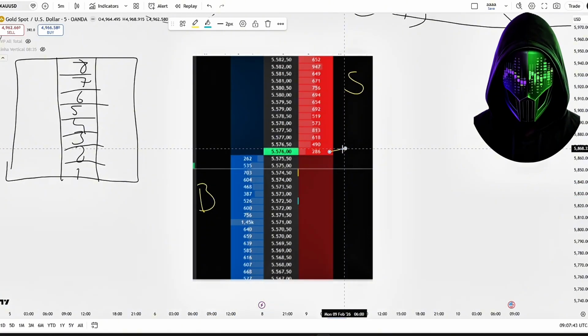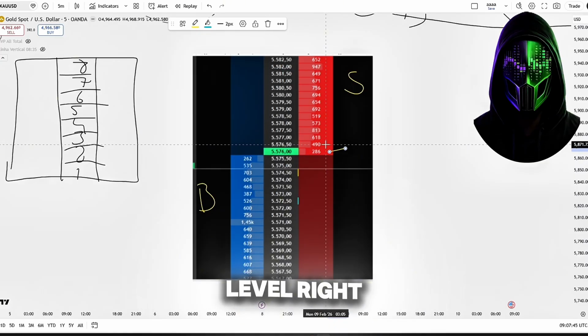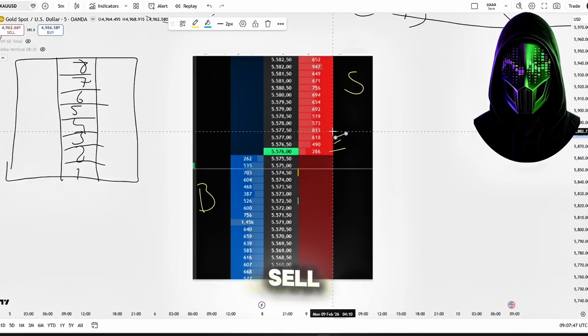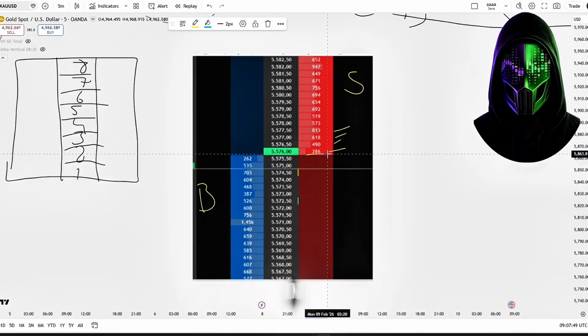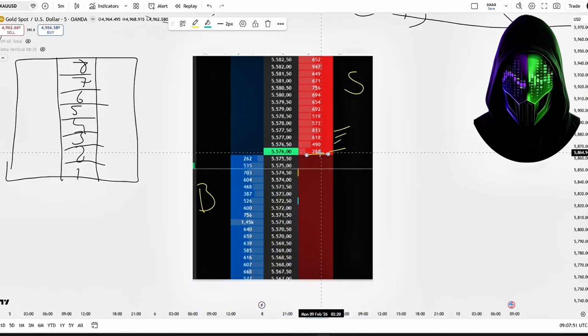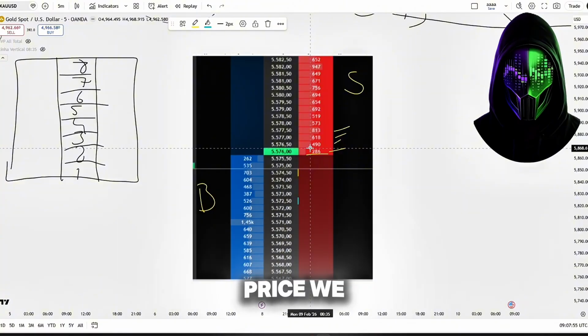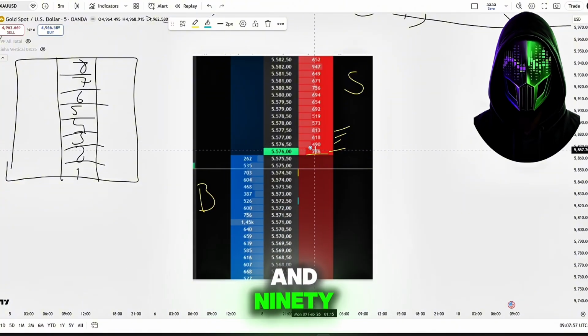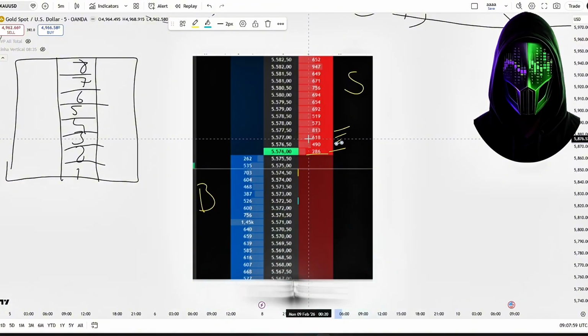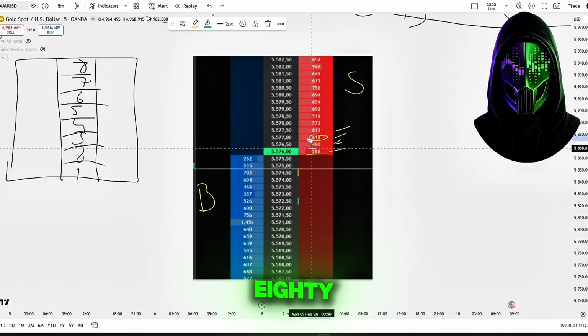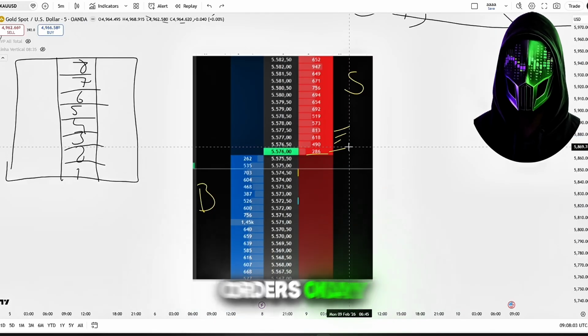Okay, so every price level right here has sell orders. So now at this current price, we have 286 sell orders. At this price, we have 490 sell orders. At this price, we have 685 sell orders. Okay.